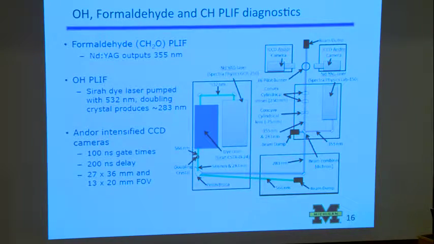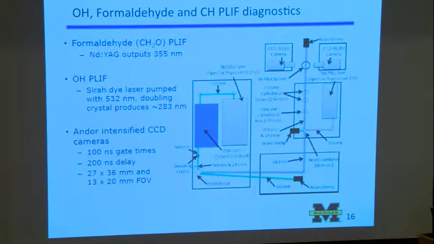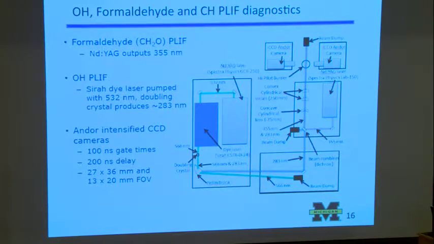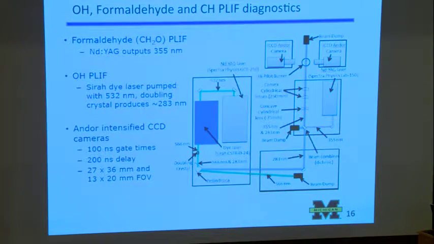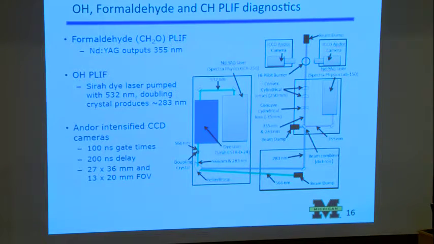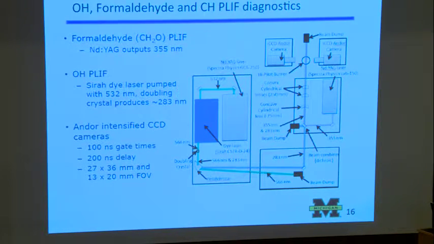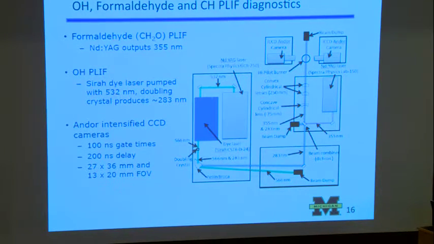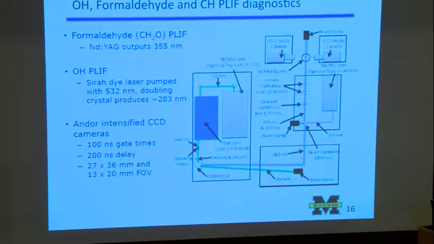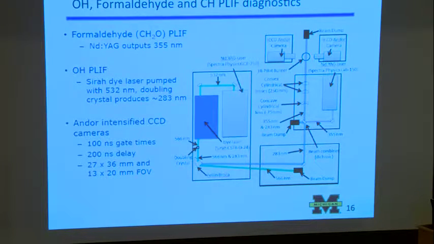We get 283 by doubling it to excite the OH, and we're using 355 directly out of the YAG laser to excite the formaldehyde. And we also have a beam in here that's at 390 that excites the CH.